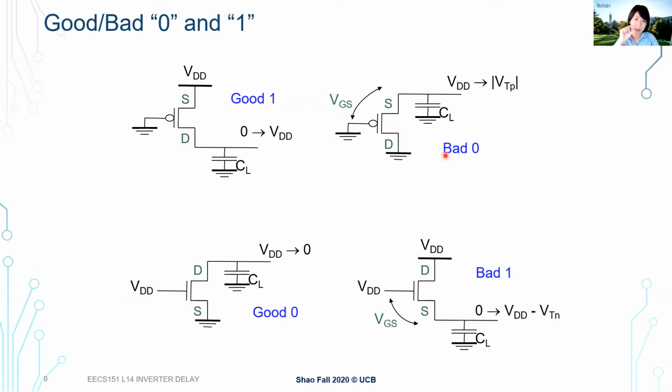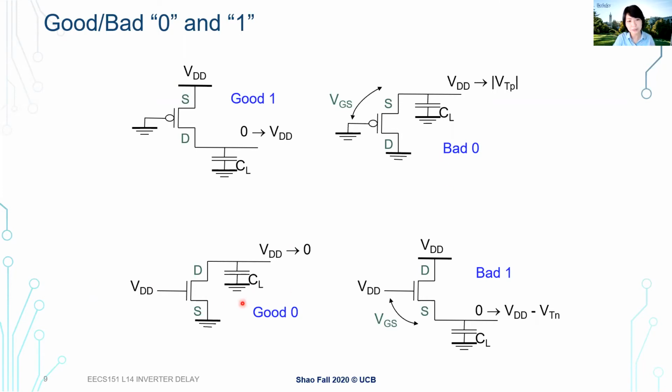We use NMOS as the pull-down network because NMOS is really good at producing a very strong 0. On the other hand, we use PMOS to pull the output up to produce a 1, or VDD, because PMOS is really good at producing a very strong 1. That's what we mean by a good 1 or a bad 1, a good 0 or a bad 0.